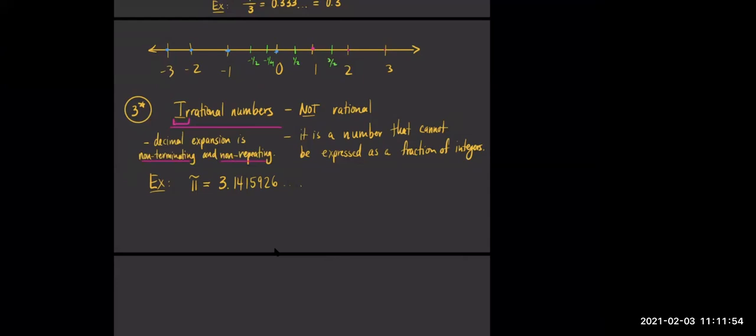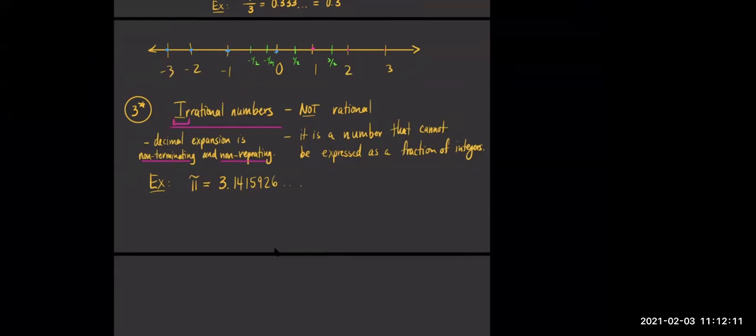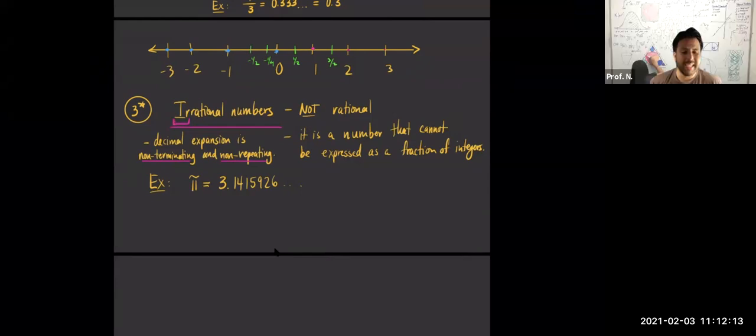Professor, I have a question. Can you consider the same for 1/3 though? Because 1/3 as a decimal is like 0.3333. Wouldn't you say that's also non-repeating? So be careful. Irrational numbers are non-terminating and non-repeating.